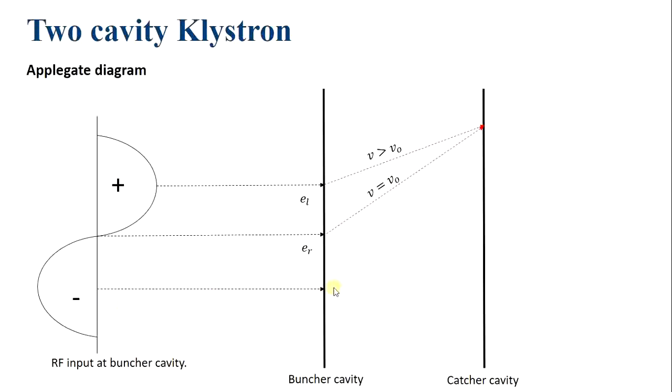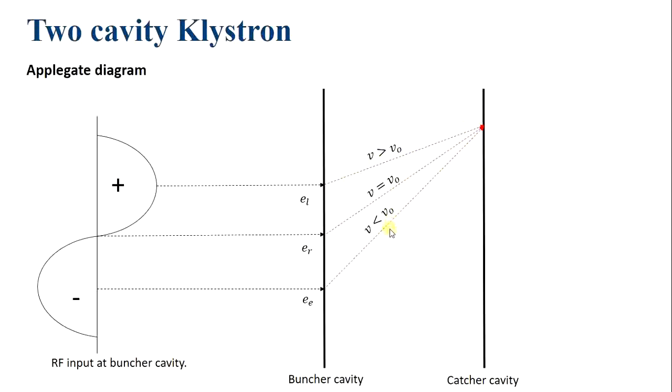There are some early electrons which are generated early as compared to the reference electron. They move towards the catcher cavity with decreased velocity, that is they are deaccelerated, and all these electrons meet at one point.